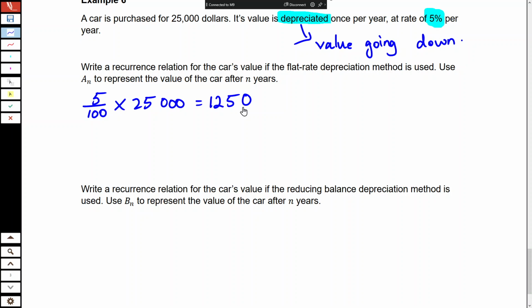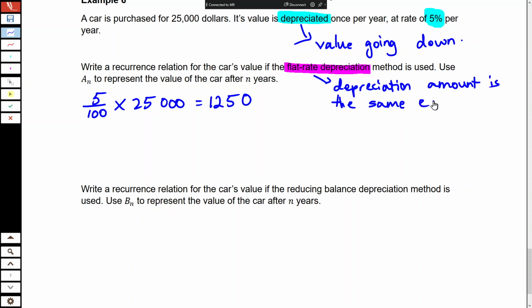When we're dealing with flat rate depreciation, this means the depreciation amount is the same each time period. In this case, the time period is a year, so I'll just say the depreciation amount is the same each year.